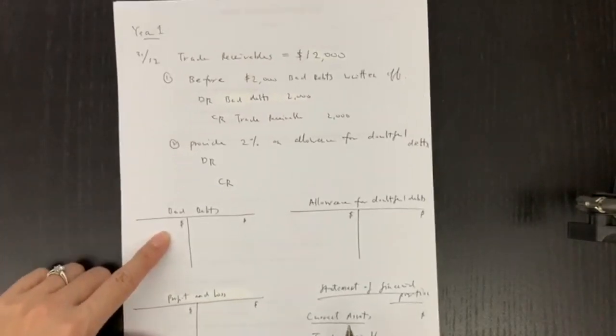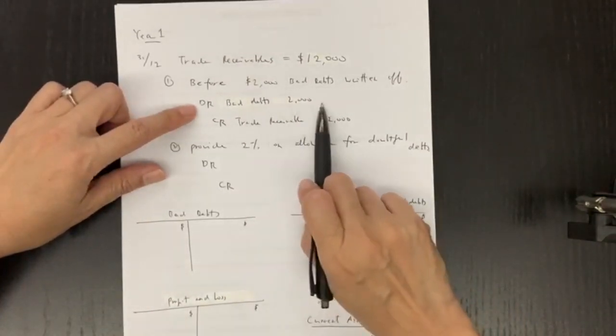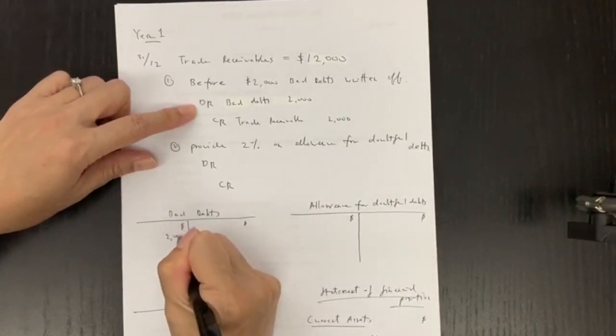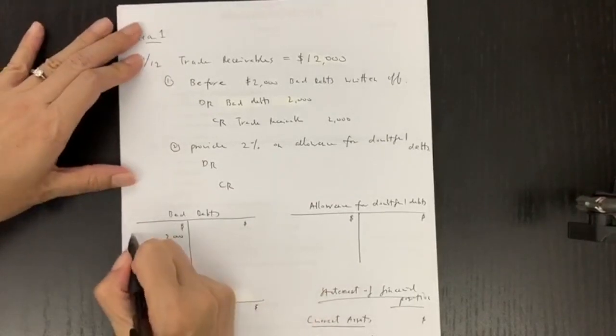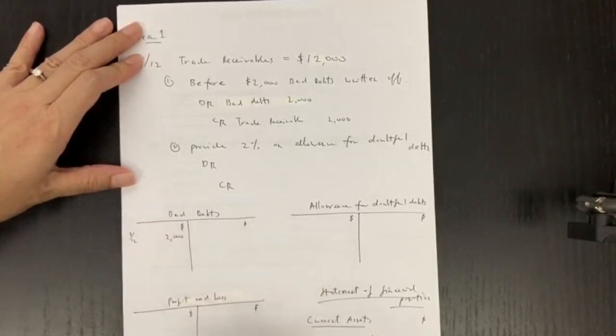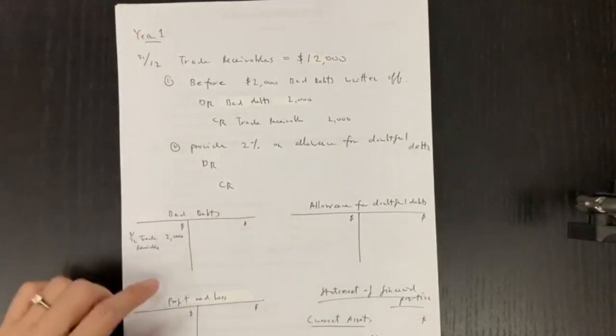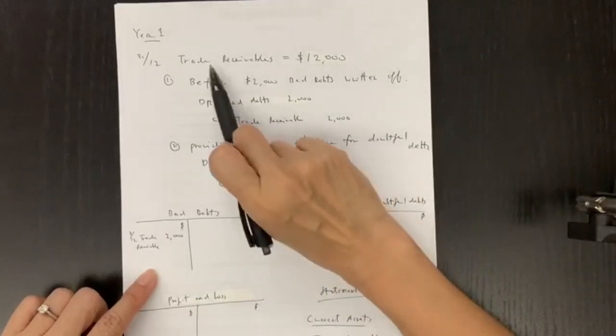Okay, I do posting now. Debit bad debts. So here is my bad debts account, and I put 2,000 here, right? And the date is 31st December.